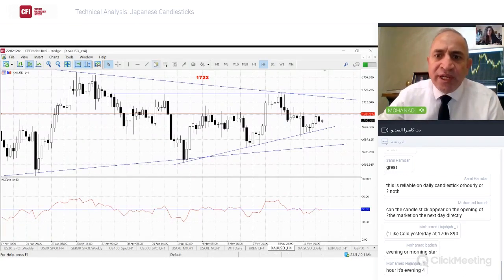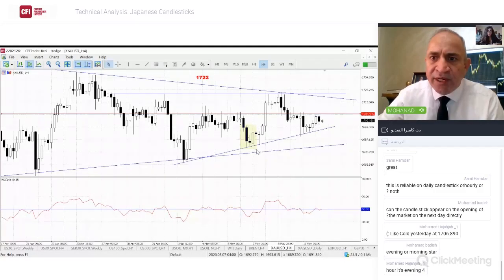I see here a morning star in 4 hours. This is the morning star pattern that makes the prices move up. Black candlestick, small real body candlestick, end with a white candlestick covering at least 50% of the black candlestick.